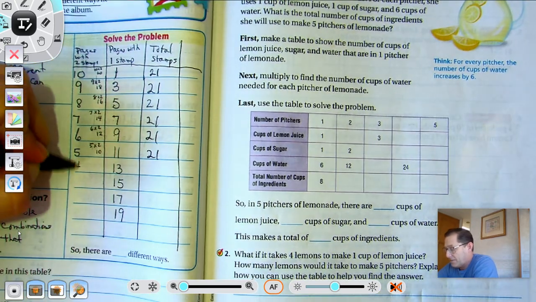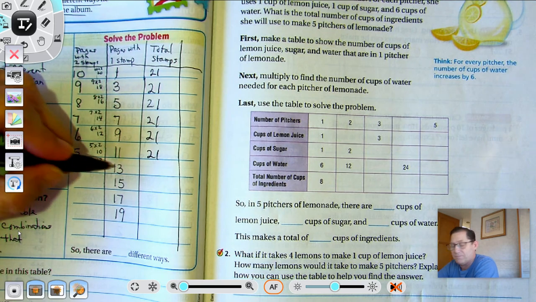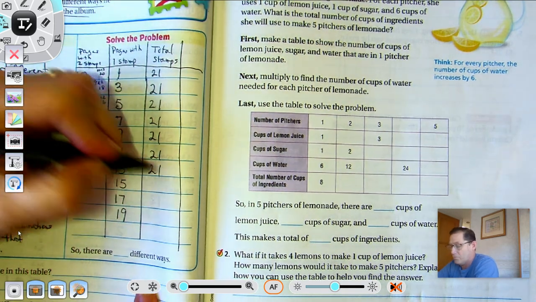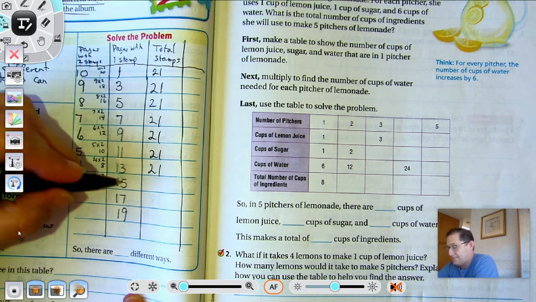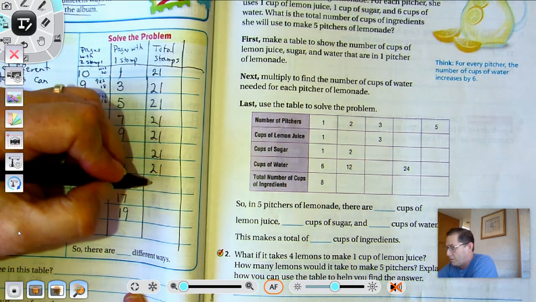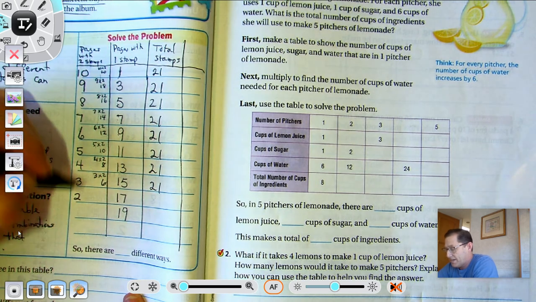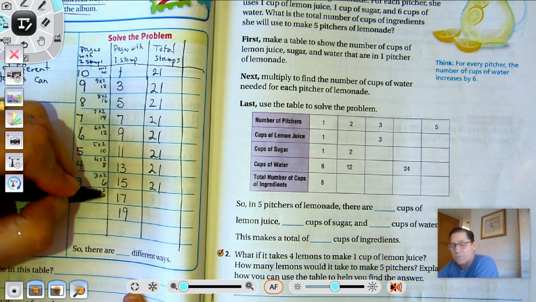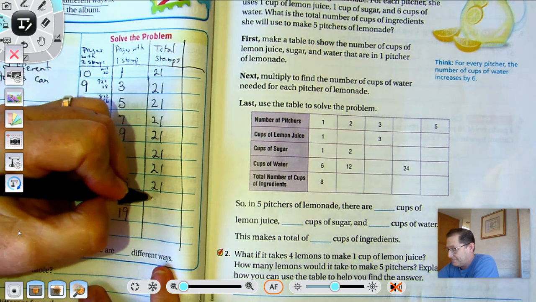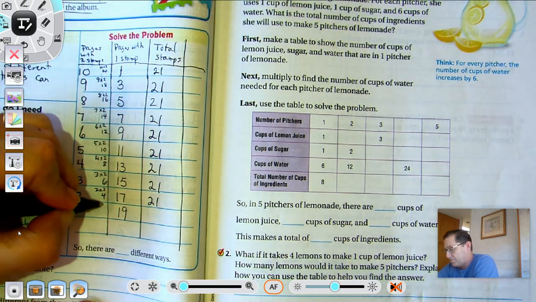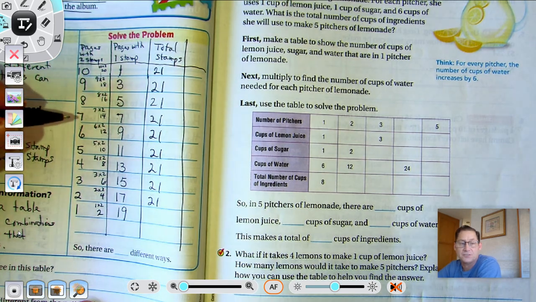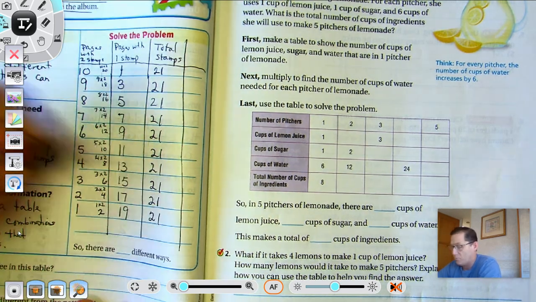All right. 4 pages of 2 would be 8, and 8 plus 13 is 21. 3 pages of 2 would be 6, and 6 plus 15 is 21. 2 pages of 2 would be 4, and 4 plus 17 is 21. 1 page of 2 is 2, and 2 plus 19 is 21.